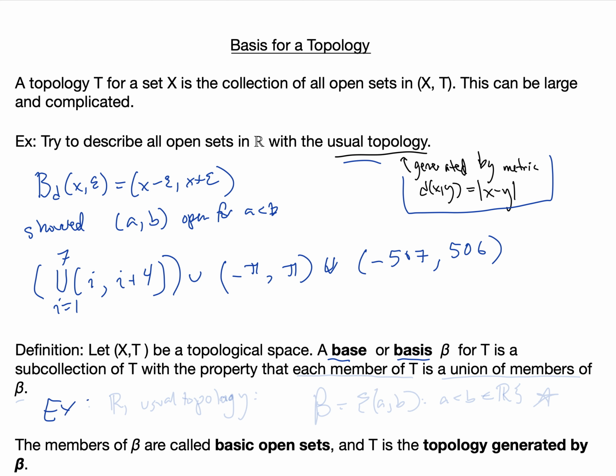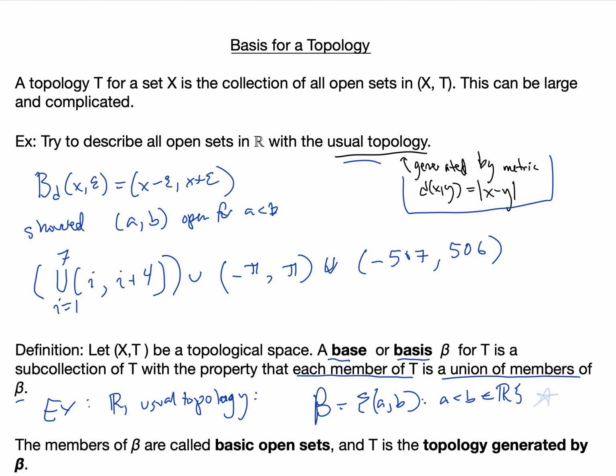So as an example, R with the usual topology, an example of a basis would be beta equals (a, b) such that a is less than b are elements of R. That would be a basis for the usual topology on R, because any open set in the real numbers with the usual topology is some union of elements of that form. That is, each member of tau is a union of members of the basis.